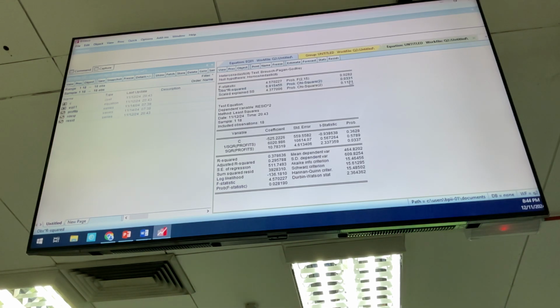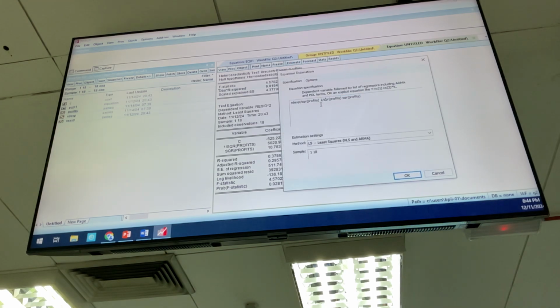So what do you do? We divide by profit, not the square root of profit. So divide RDEXP by profit itself. And then our original intercept will become 1 over profit. Profit divided by profit equals 1. It becomes a new constant.